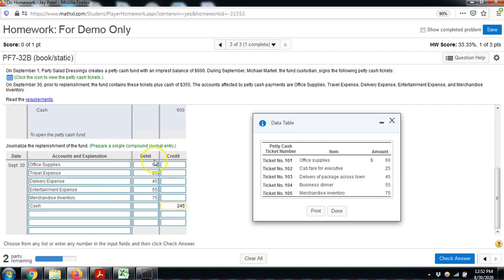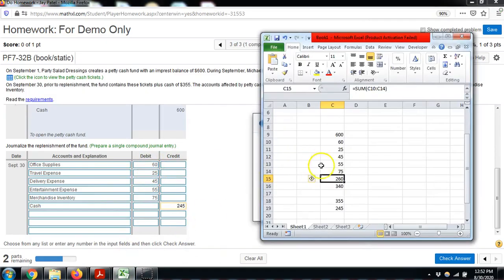But right now our debits and credits don't match because we have $260 of tickets, and we only have a $245 credit to cash because we have this extra $15. So how do we account for that?